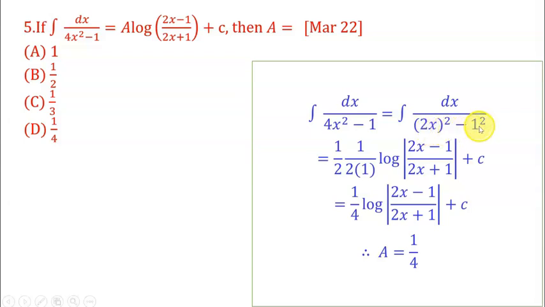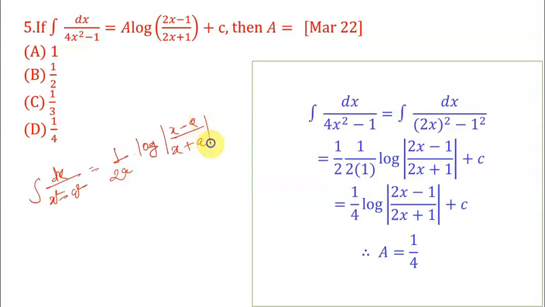Now this is of the form integral dx upon x square minus a square, and that is equals to 1 upon 2a log of mod of (x minus a) upon (x plus a) plus c. But here we have 2x, and therefore we will change this.